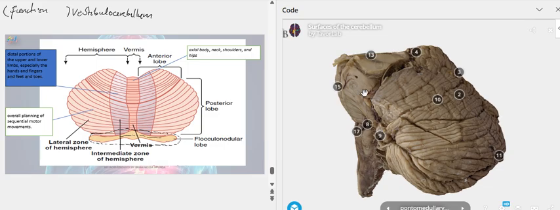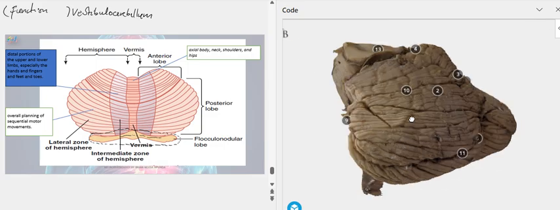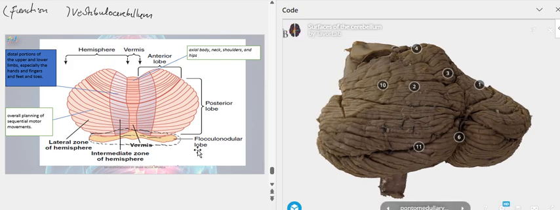So they pass through the pontine into the flocculonodular part that has this important part by the name vestibular apparatus, and it also receives a signal from the superior colliculus. So remember, superior colliculus and the visual cortex are related to the visual impulse.